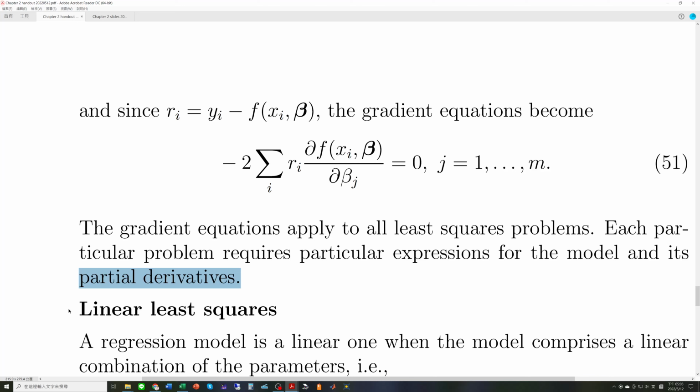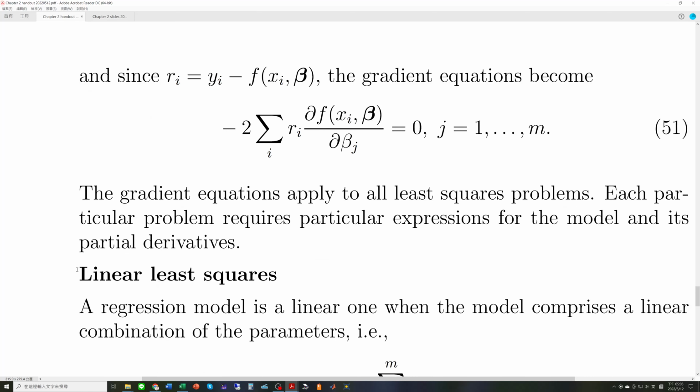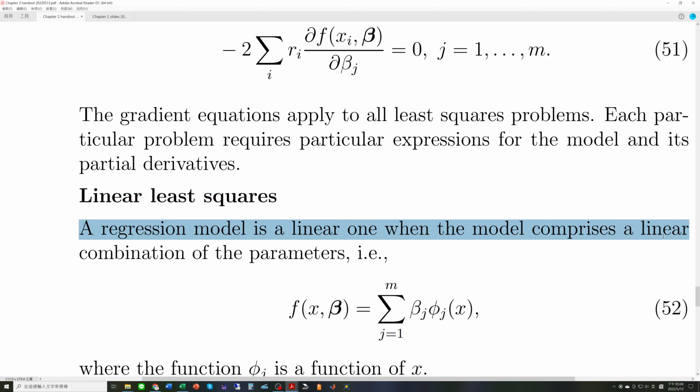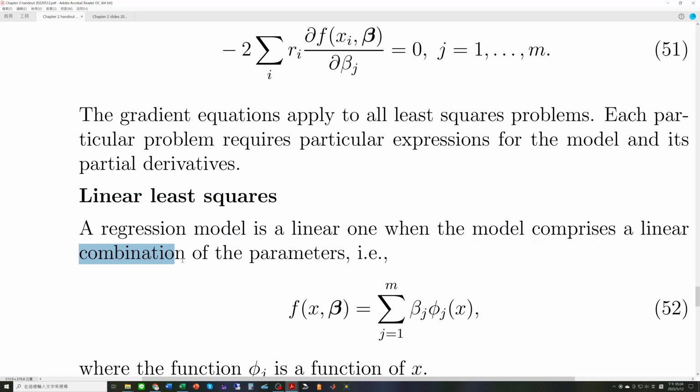Let us look at the easier case, linear least squares. After we look at the linear least squares case, we will look at the nonlinear least squares case, which is more difficult.